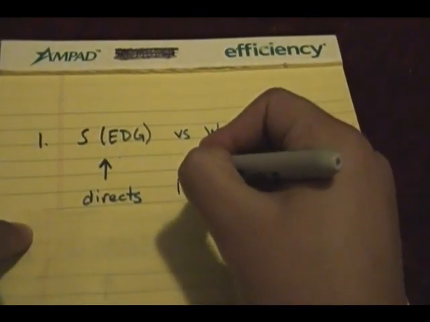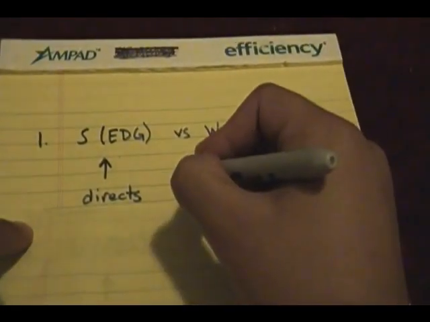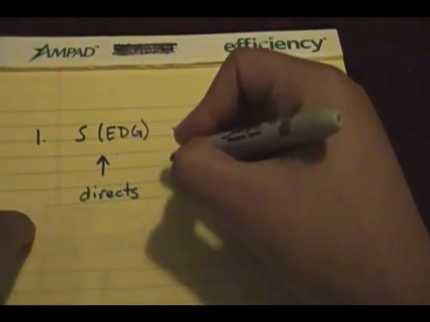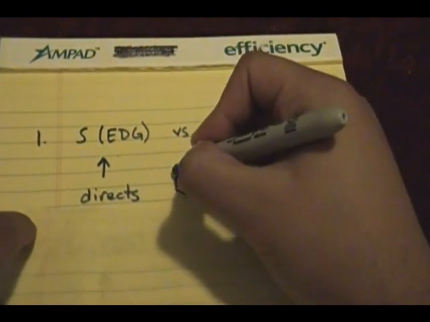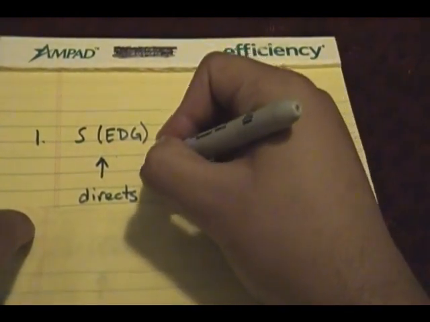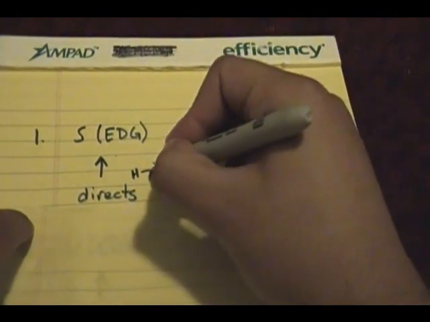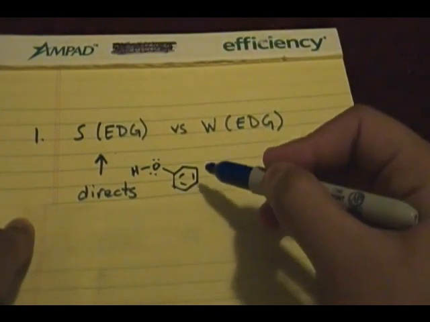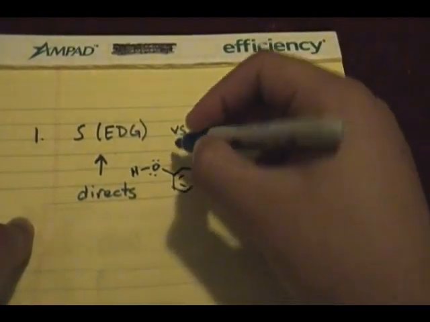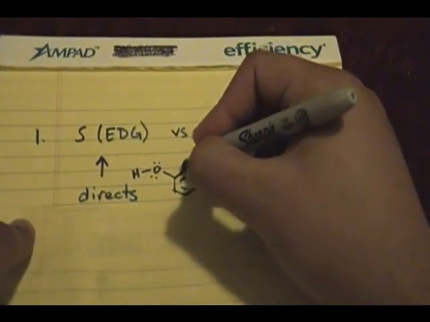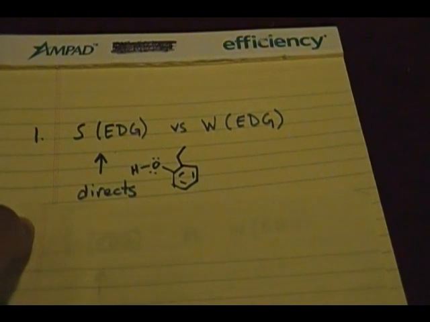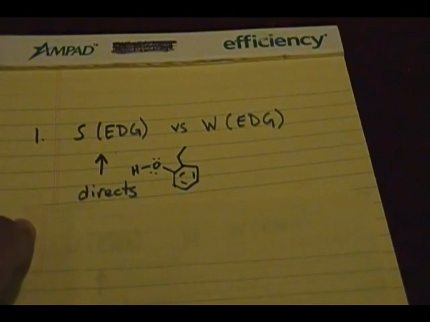So if you have an aromatic ring with a strong electron donating group, it has lone pairs, remember, it donates by resonance, so it's very strong. And let's say you also have a weak electron donating group, a 2-carbon alkyl chain hanging off of it, an ethyl group.